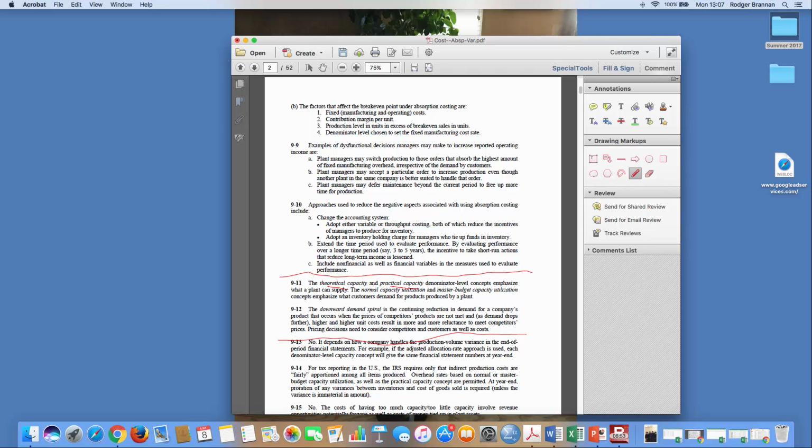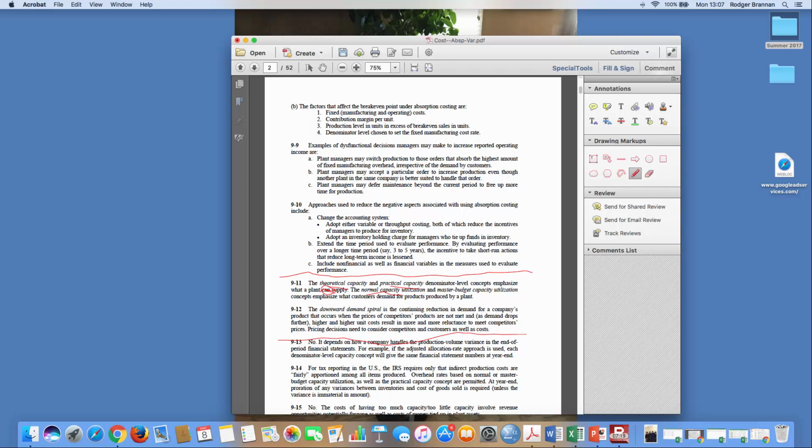Now, theoretical and practical are going to be based on what we can do, this issue of can, not necessarily what we should do. Normal capacity is looking at it from the point of view of, okay, over the next 3 to 5 years, what do I think my sales are going to be? What's my production level going to be? Master budget tends to be 1 year.